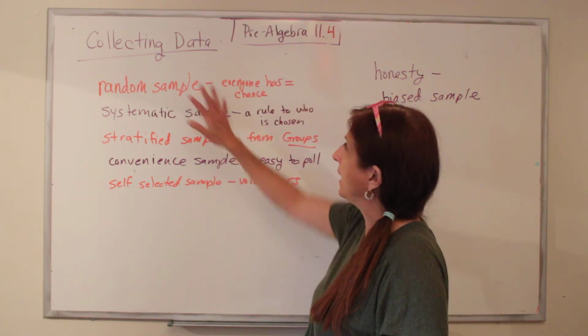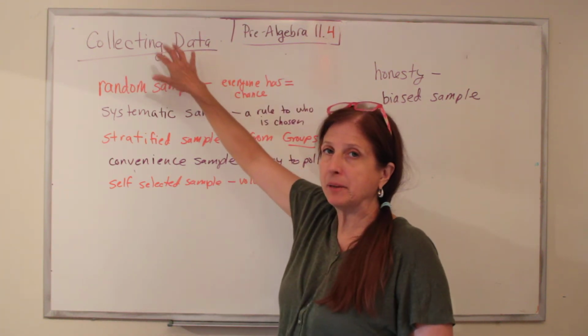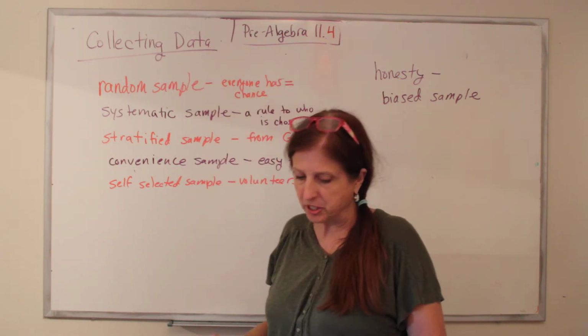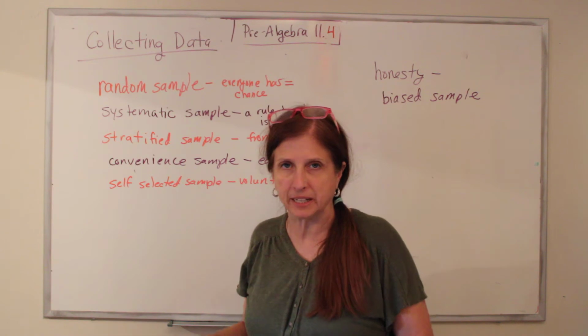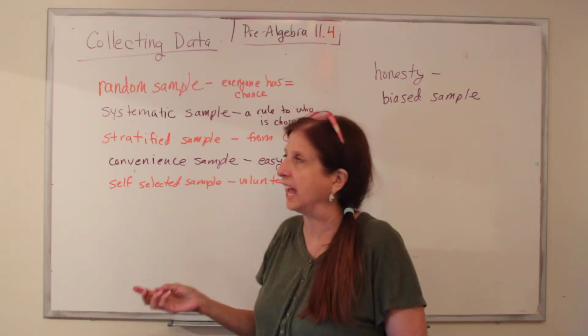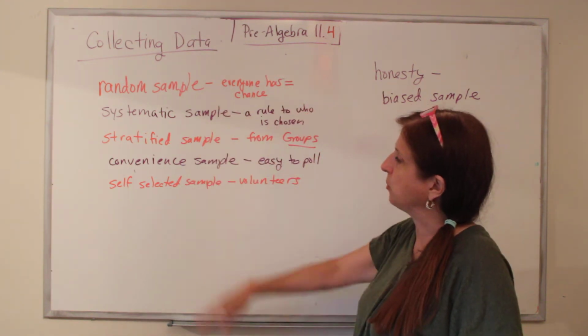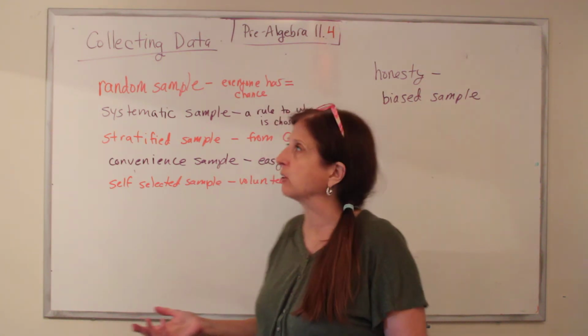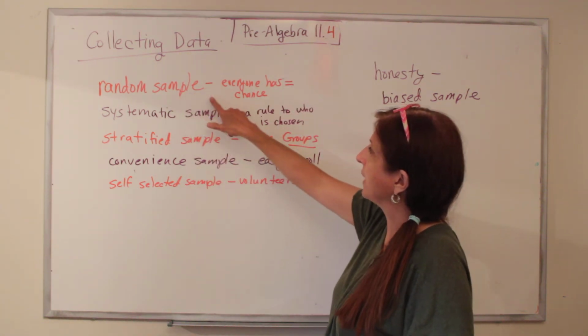So one of the ways that data can be manipulated is how it's collected. And sometimes, you just do the best you can. You're not being dishonest. You're just working with what you got. But these are different ways to collect data to find out how people think. One is a random sample.